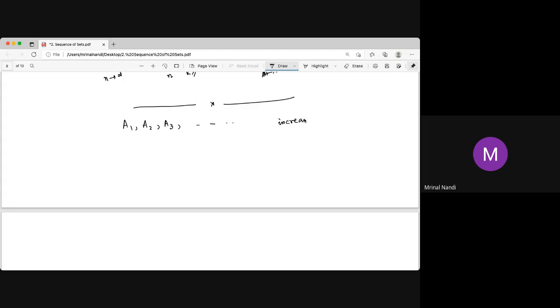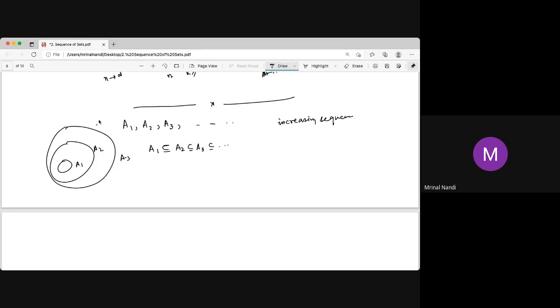That means A1 is a subset of A2, A2 is a subset of A3, and so on. Now what is the Venn diagram? It is A1, a subset of A2, then a subset of A3, increasing like that.